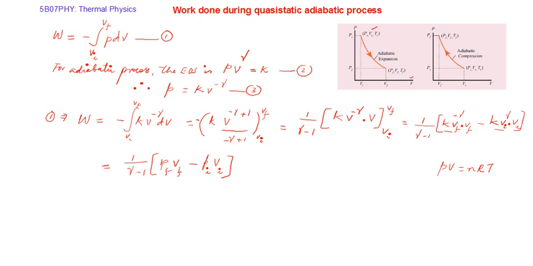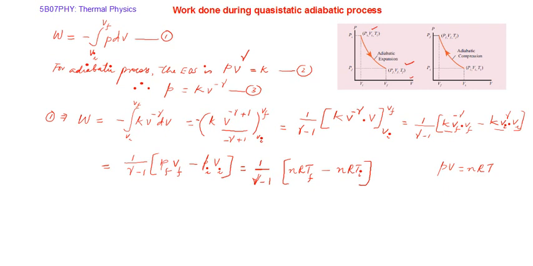And corresponding to Pf Vf, the temperature is Tf. So I am rewriting this as 1 by gamma minus 1 times Pf Vf equal to nR times Tf, minus Pi Vi equal to nR Ti. I'm just substituting PV equal to nRT.